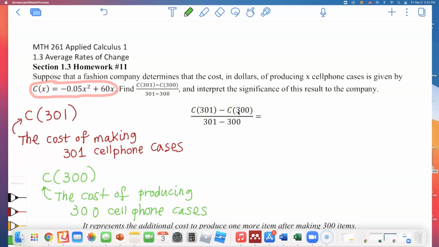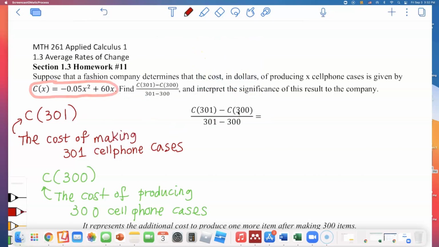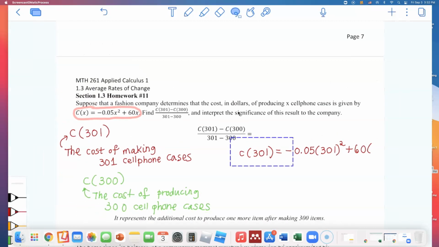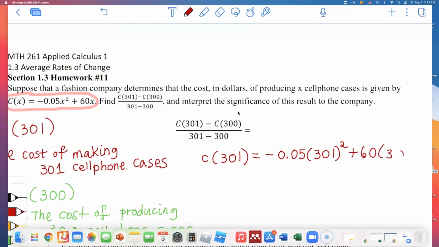So how about we plug in those values? What is C of 301? That is negative 0.05 times 301 squared plus 60 times 301.